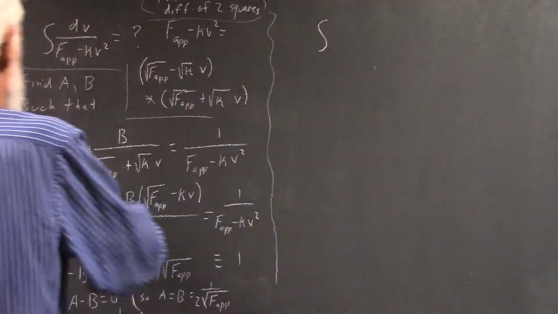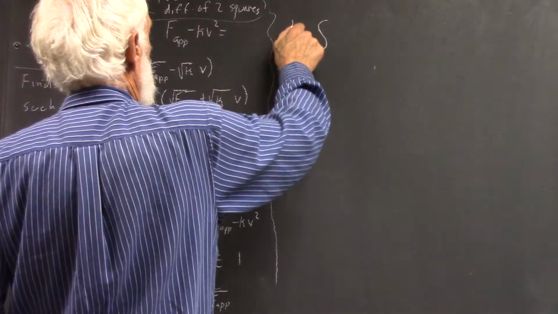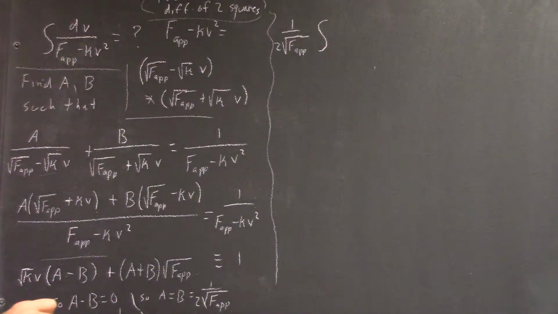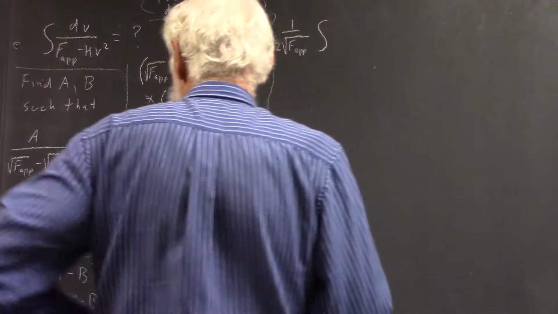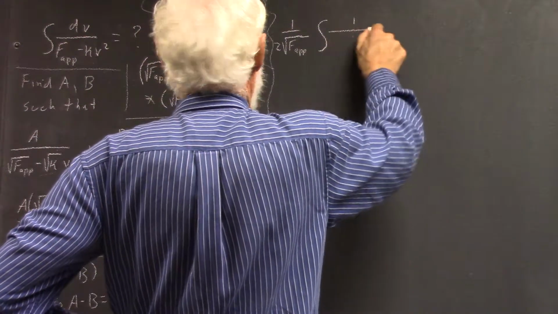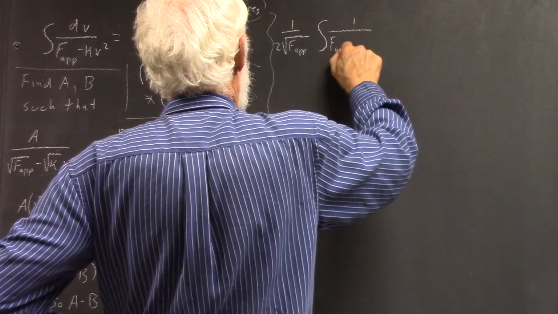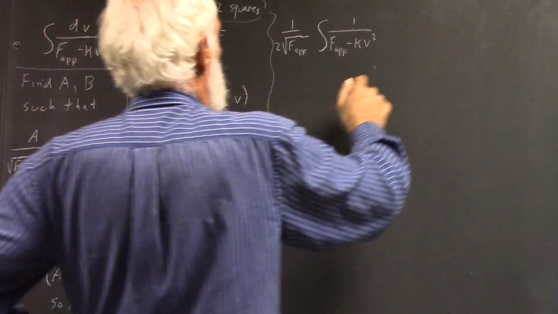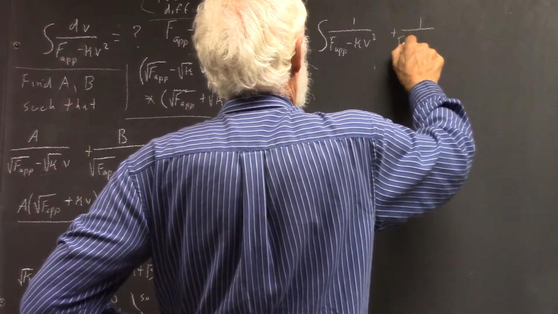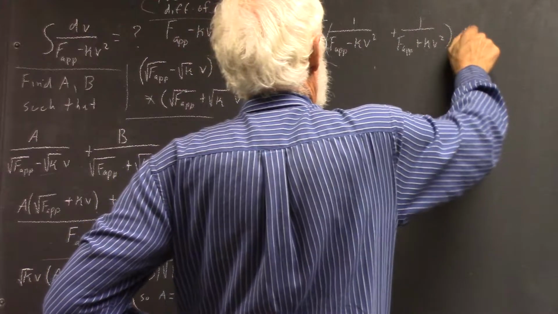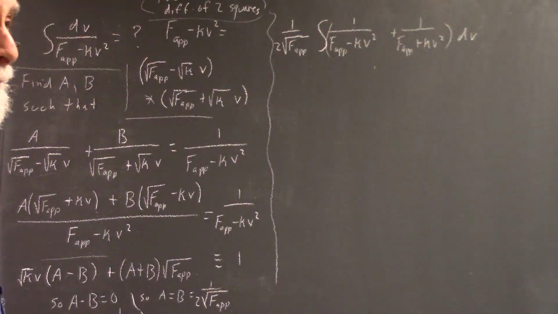So I can just write 1 over this, right? And then that's going to be times the integral of the reciprocal of this. Okay? And we can integrate that.